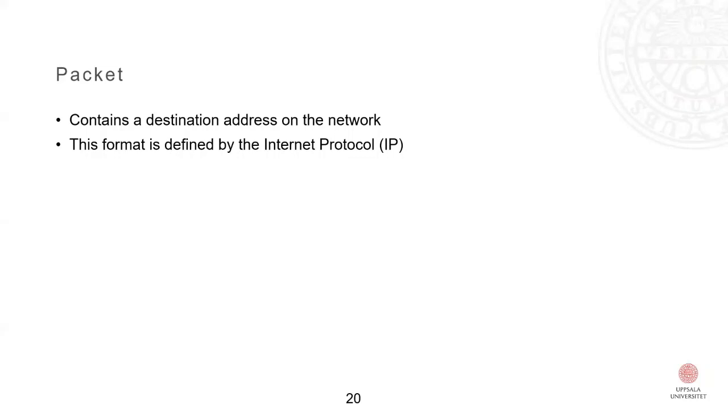I guess you have heard the name IP and you have seen many instances of IP addresses, for example, the IP address of your laptop or your mobile phone. This IP is a standard which was created in the 1970s and it is still used today. Today IP version 4 is used, and IP version 6 is the next version that might be used in future if IP version 4 is not enough anymore.